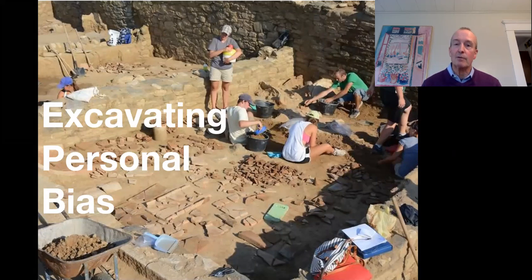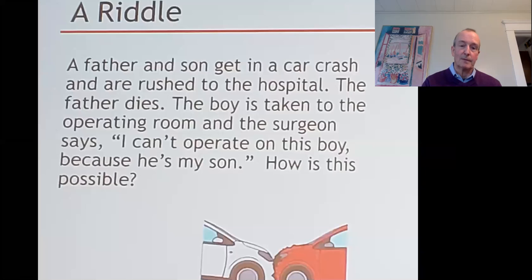So let me start with a riddle that some of you may have seen. A father and son get in a car crash and are rushed to the hospital. The father dies. The boy is taken to the operating room and the surgeon says, I can't operate on this boy because he's my son. How is this possible?